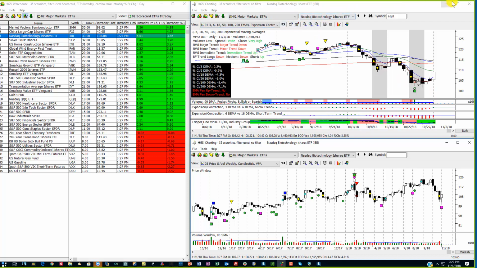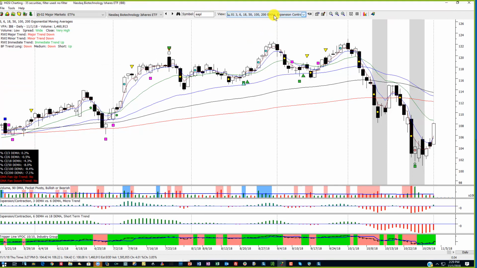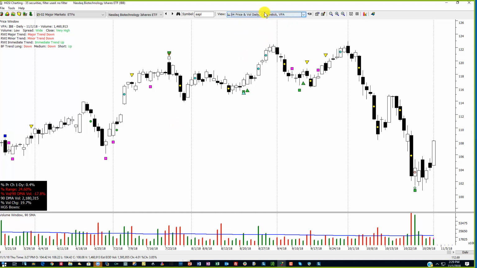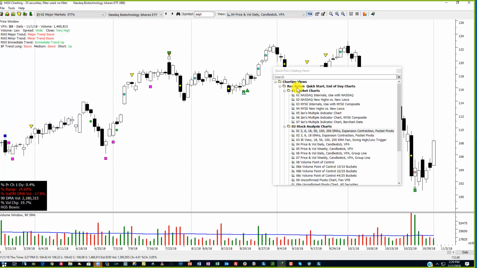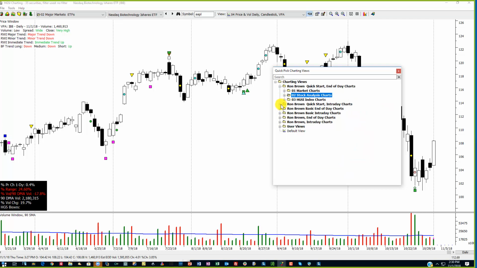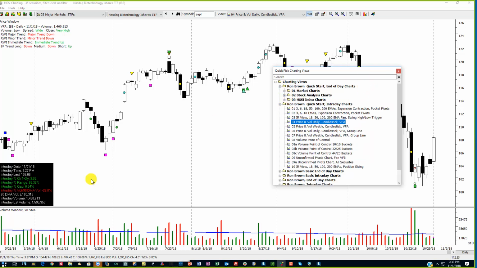One more thing I want to show you is you can drop down here to chart number 4. I'm in my end of day charts. It's confusing. I made sets of charts for both end of day and intraday, but they have different information. So if you look over here, now this is kind of interesting.